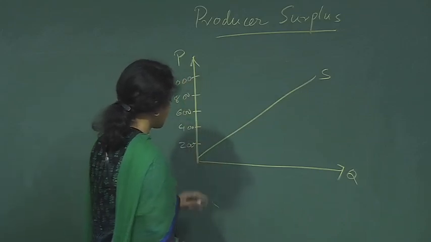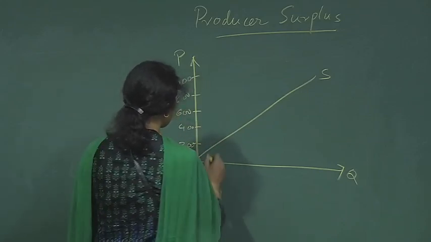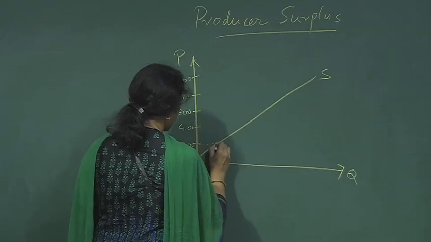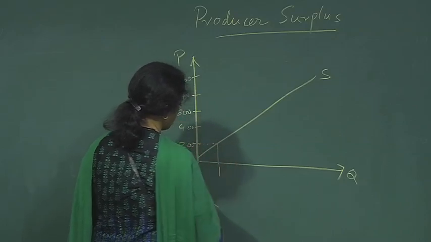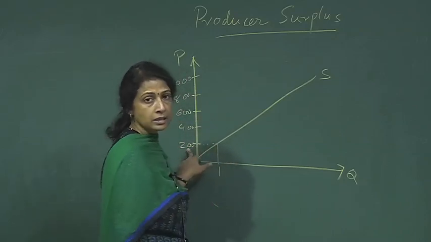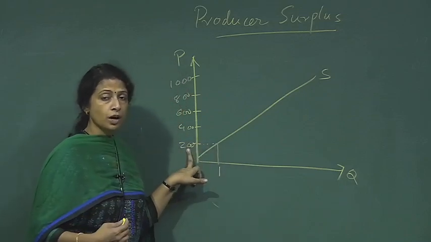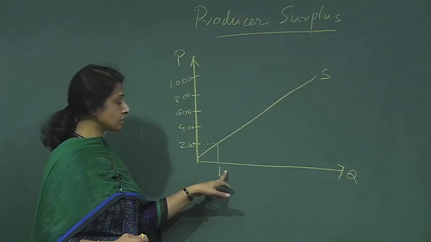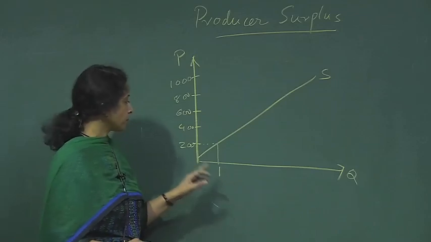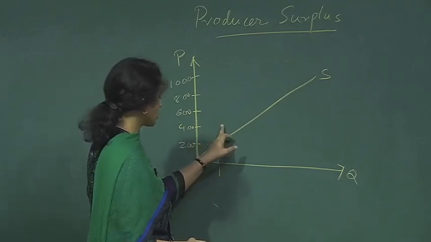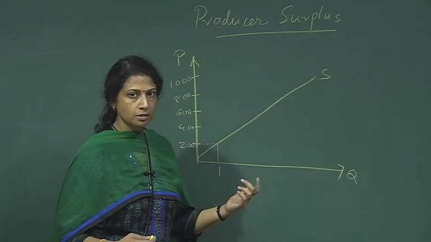These are the prices, and there is one seller in the market who can supply when the price is 200. When the price is as low as 200, there is probably one person who is willing to supply. When the price goes up to 400, one more person enters the market.